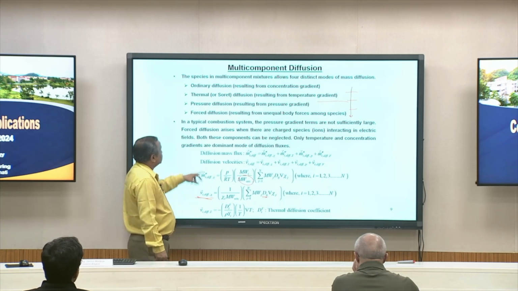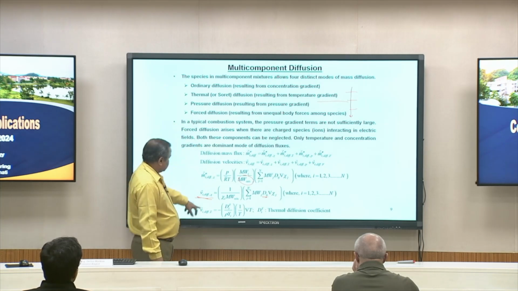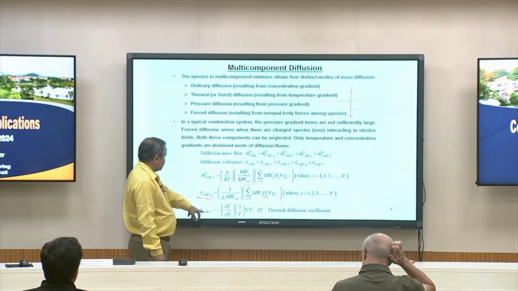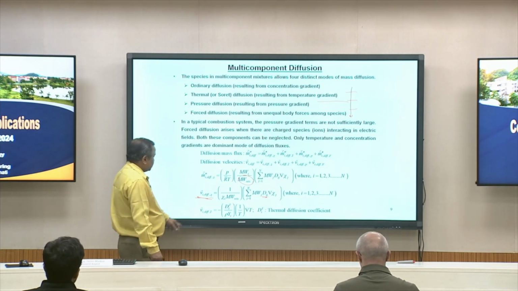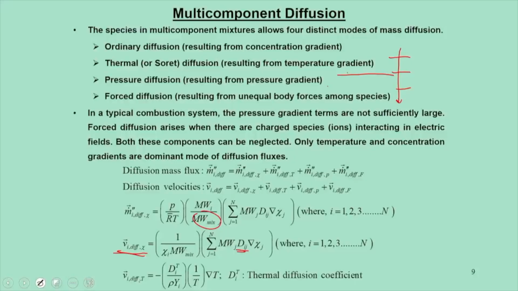Now when you come back to these diffusion flux velocities for species, mainly with respect to temperature, the equation is in vectorial form. We have the temperature gradient, and with respect to this temperature gradient, that is what we call the Soret equation.